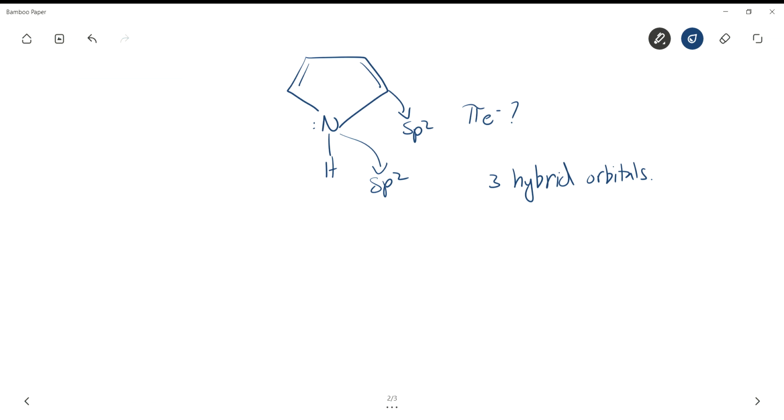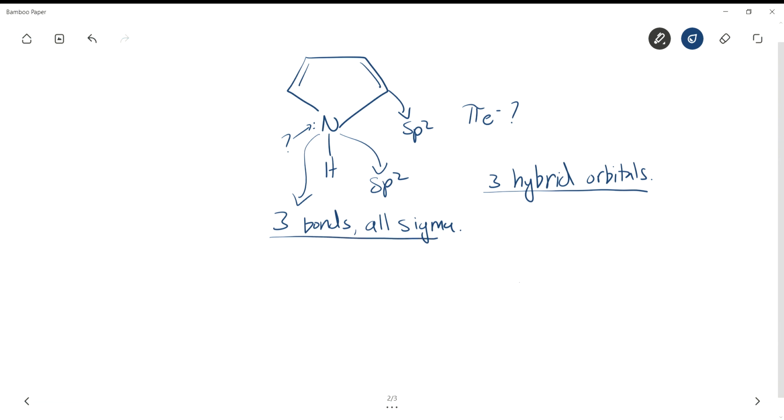So let's assess the nitrogen and see what type of orbital those lone pairs are in. If you look at nitrogen, nitrogen has 3 bonds to it in this molecule, and they are all sigma. Well, that should tell you right there that these lone pairs are in a p orbital, because you already assessed that this nitrogen only has 3 hybrid orbitals to use, and it used them already.